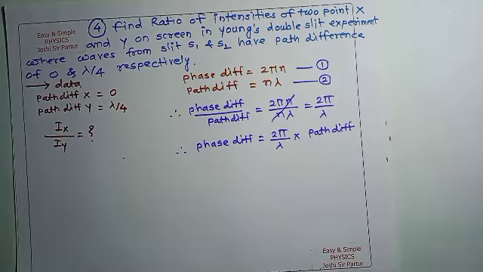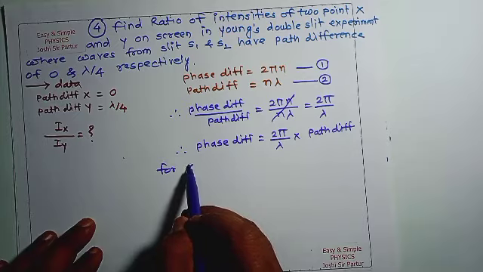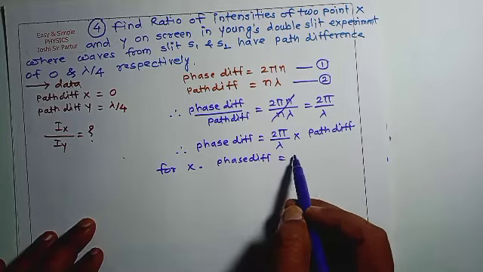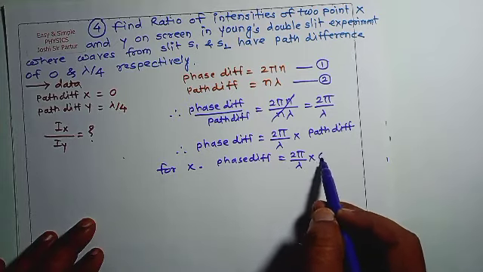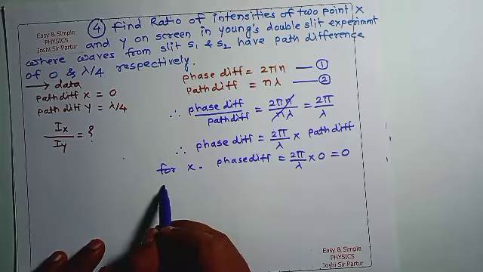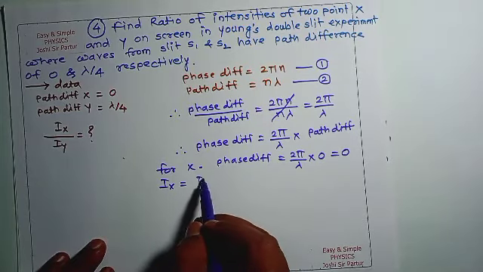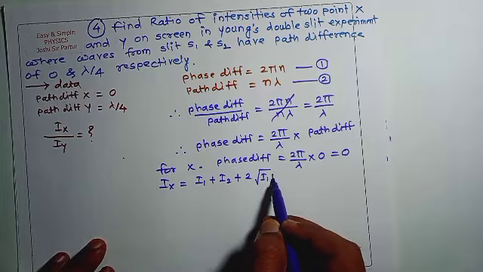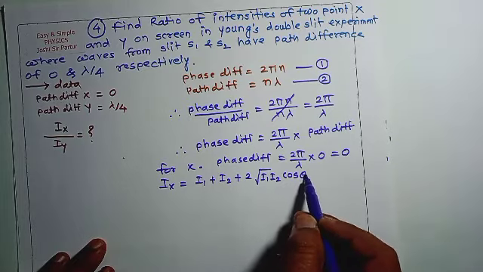If we use this formula for the X and Y points, for X, phase difference is equal to twice pi upon lambda multiplied by 0. So phase difference for X will be 0. If phase difference for X is 0, then resultant intensity for X will be I1 plus I2 plus 2 times square root of I1 I2 cos of theta.